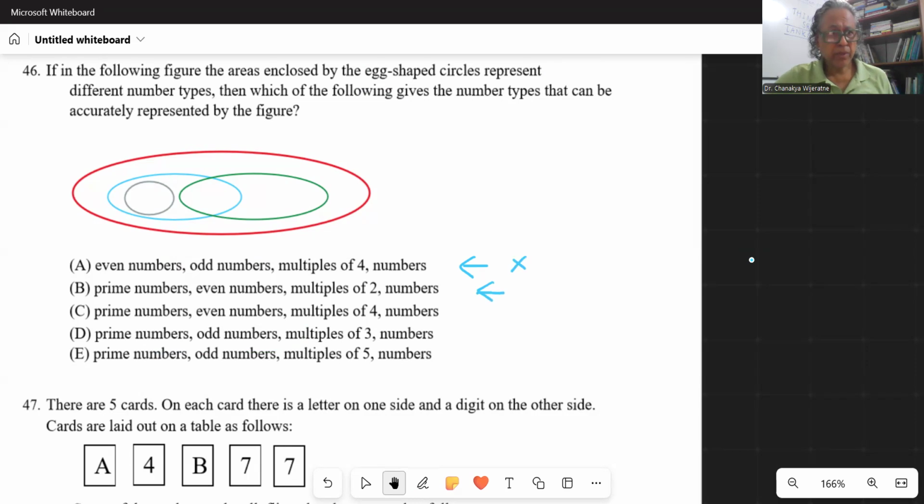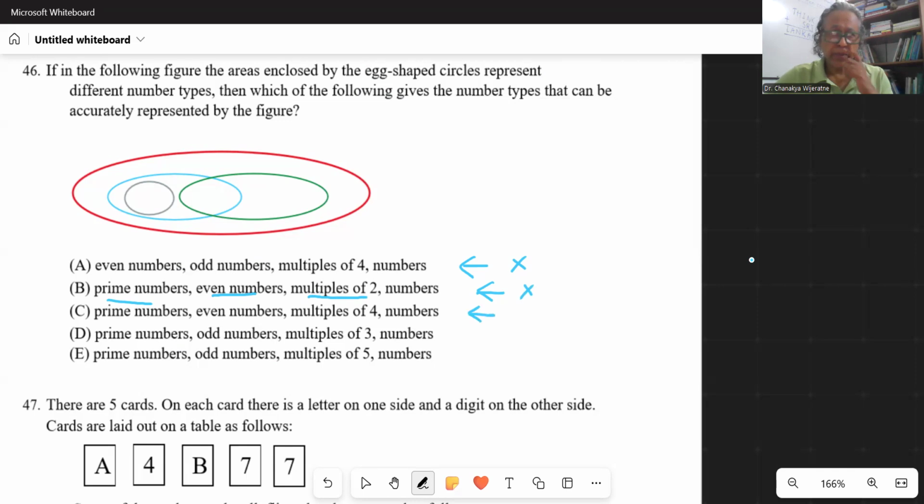And prime numbers, even numbers, multiples of 2. Well, we know that 2 is the only prime number which is even. So that means all these 3 are intersecting, right? So it can't be. What about this one?